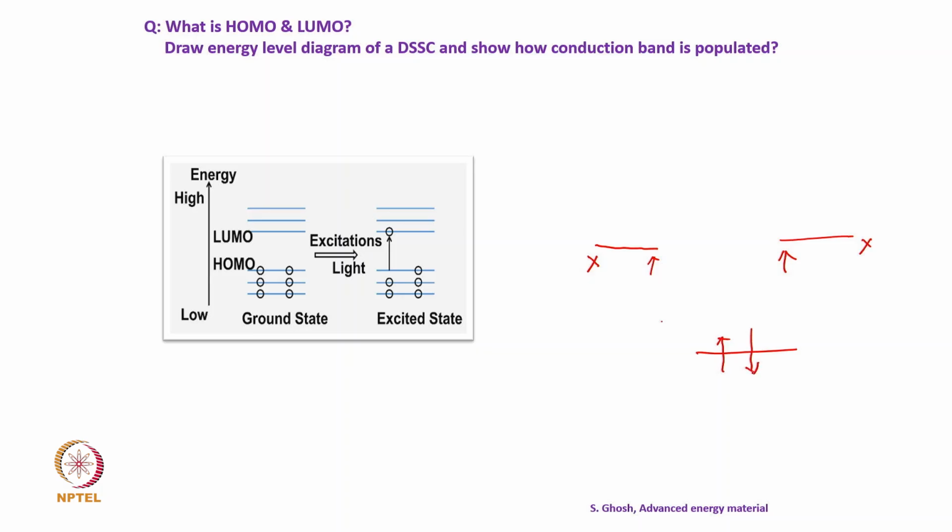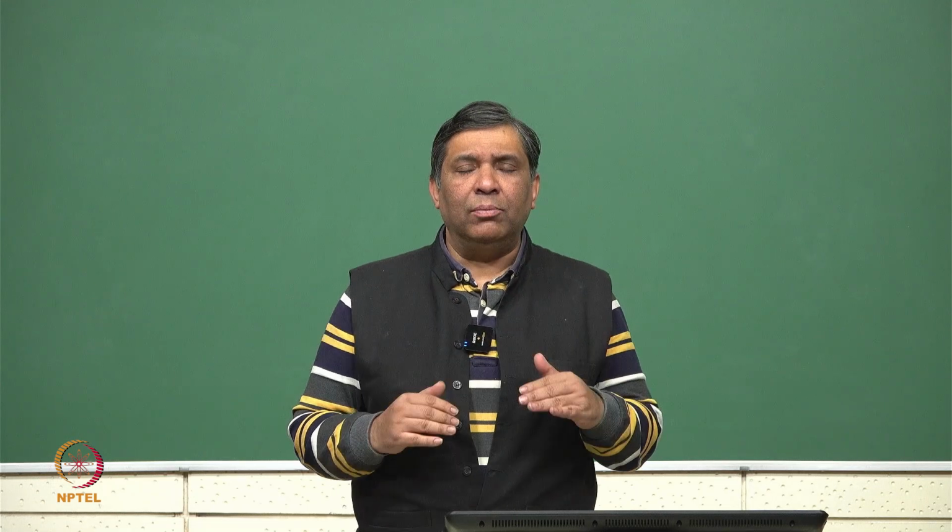It actually forms a level which is the highest occupied molecular orbital and another level which is the lowest unoccupied molecular orbital. And then there is a gap which is known as the HOMO-LUMO gap.